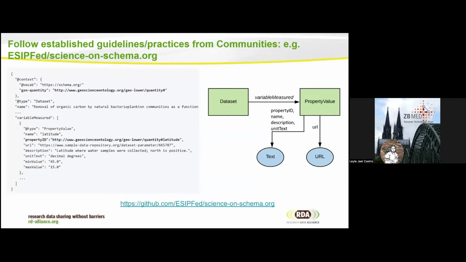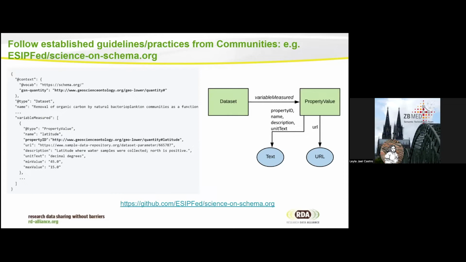So in here, it is also important that you understand what your community is expecting from you. We saw just the example about how to use vocabularies that are recommended by a particular community, but we can also see, for instance, that a particular community will want to see what is the variable measured in a data set.